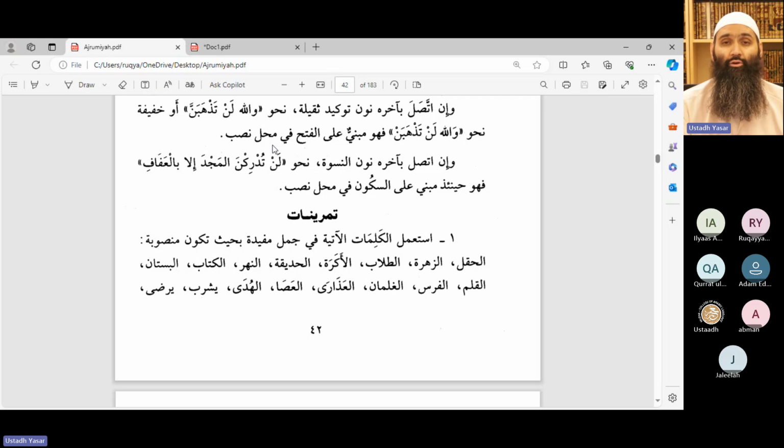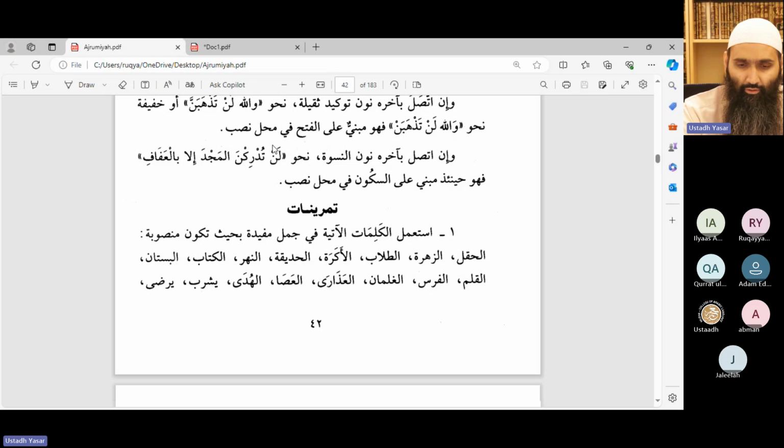It becomes mabniyun al-fath. Now that it's mabniyun al-fath, it has to be in some mahal. Why? Because the nasib that comes before it dictates and necessitates that it be mansoob. It cannot be mansoob because it's a mabni, so it's going to be fi mahalli nasb for that reason.